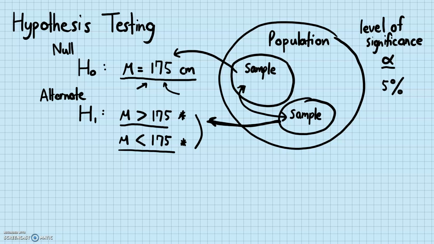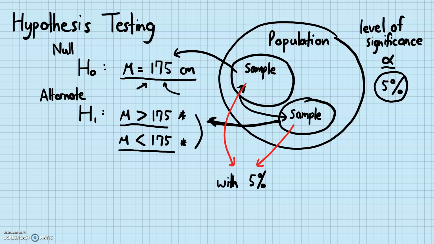Okay, so when we say that the level of significance or that the alpha is 5%, we're saying that if the data we gather here is within 5% of the data we gathered here, they are not exactly the same, but if they're within 5%, or if there's at least a 5% chance that they are equal, then we accept that the null hypothesis is true.